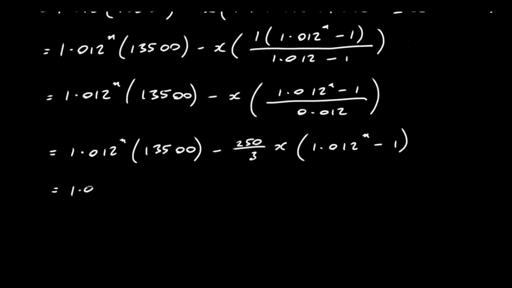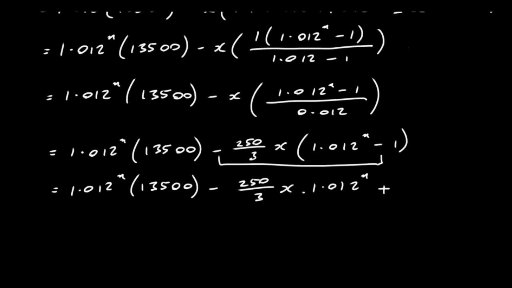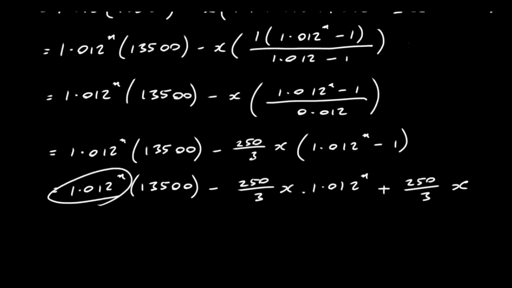So it's 1.012 to the power of n, 13500, minus 250 over 3x times 1.012 to the power of n, plus actually, because it's minus times minus, which is plus, so it's 250 over 3x. So the last thing I'm going to do is you've got a 1.012 to the power of n in both terms, so I'm just going to factorize that out of those two terms.